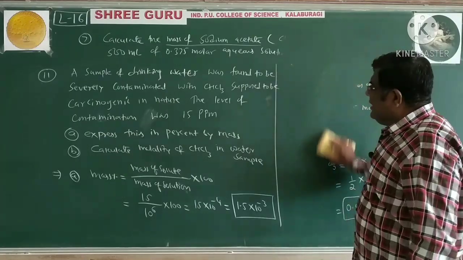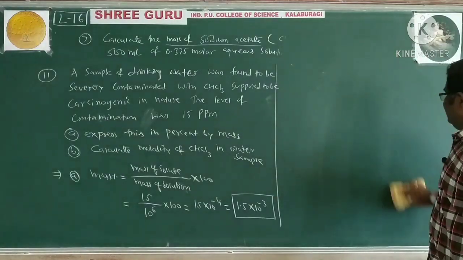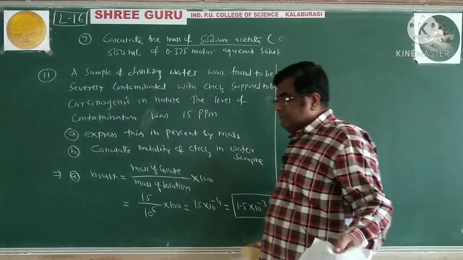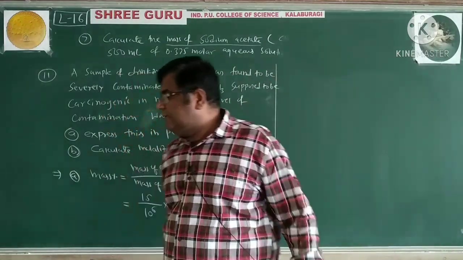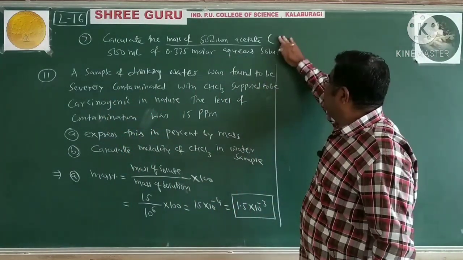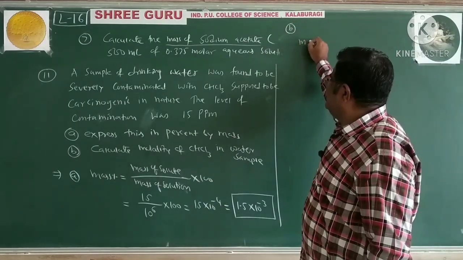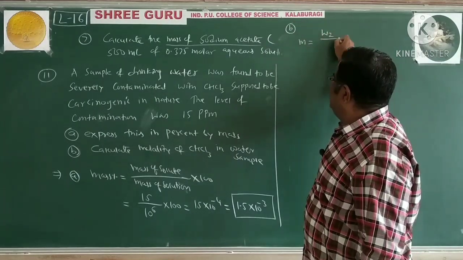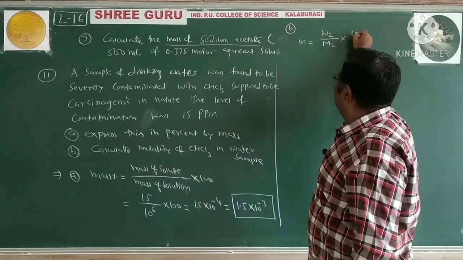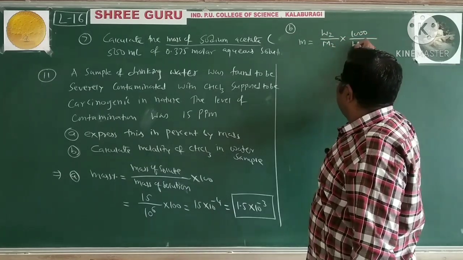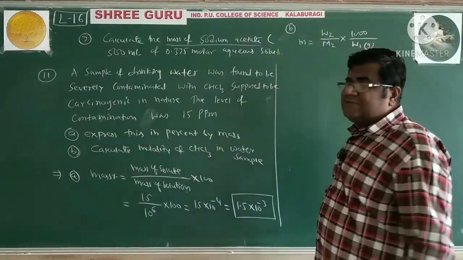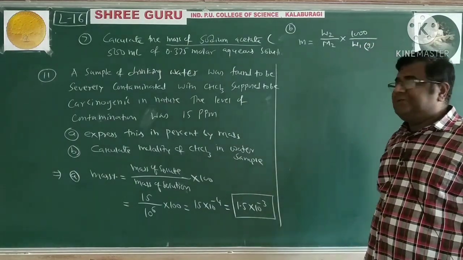Now they ask molarity of the solution also. So B part: M equals W2 by M2 into 1000 by mass of solvent in gram.